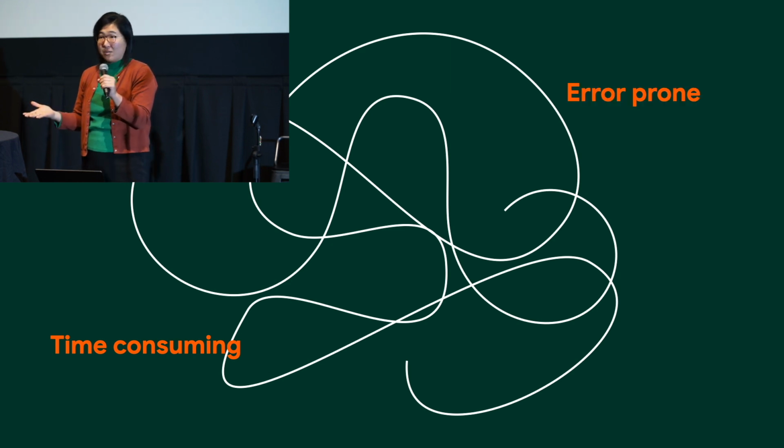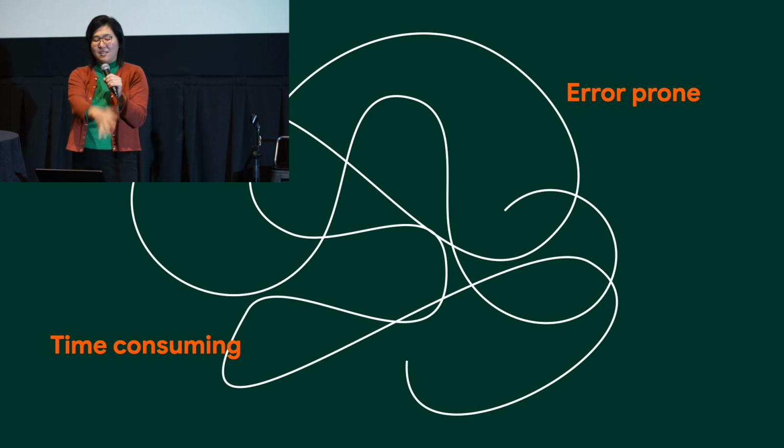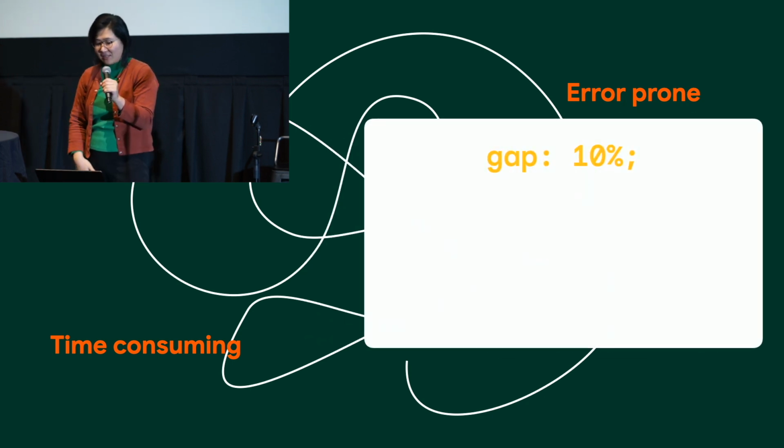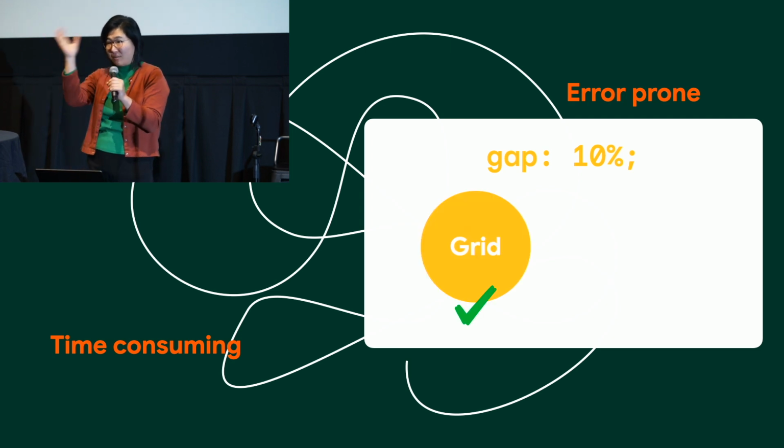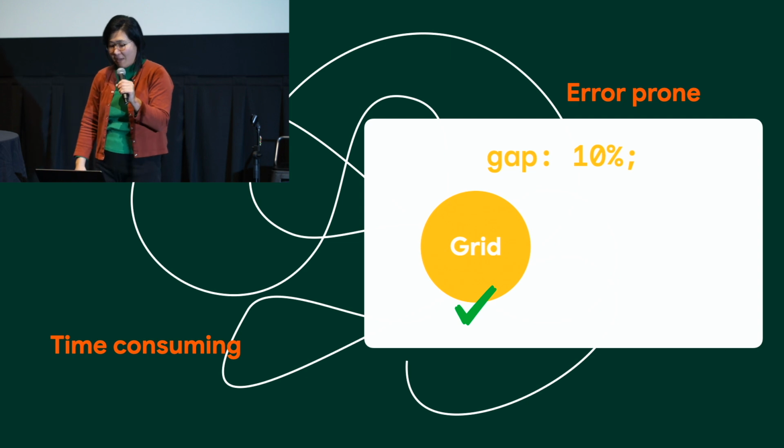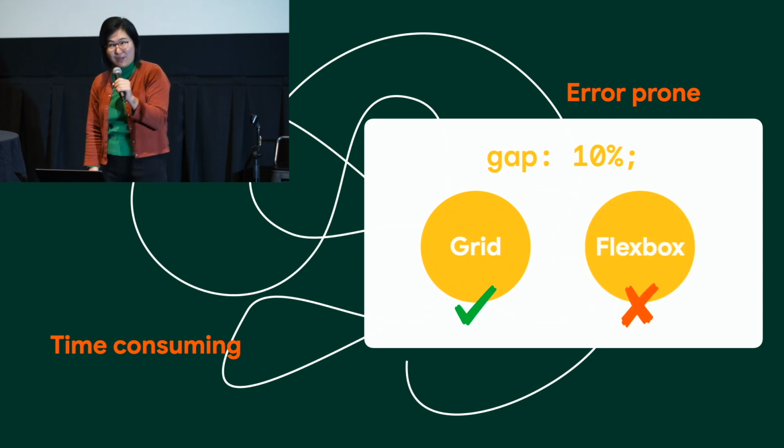With a lot of features in the web platform, especially in CSS, we get partial implementations. For example, in the case of the gap property, for a while it worked in grid layout. So you have a grid, then you can use the gap property, but not in Flexbox.